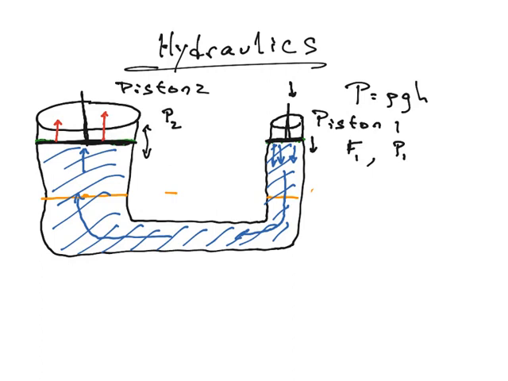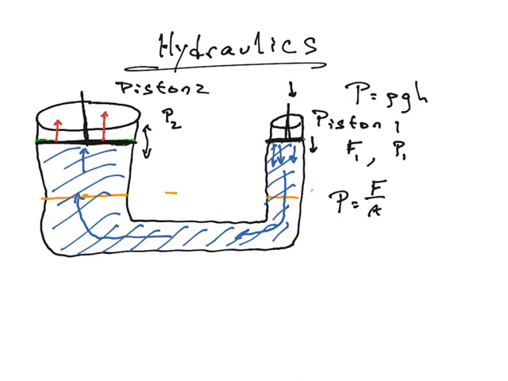Now the question is, if the pressure P1 is the same as the pressure felt by P2, does that mean the forces are the same on both pistons? Well, let's look at what pressure is. Pressure, if you remember its definition, is force over area. Okay?